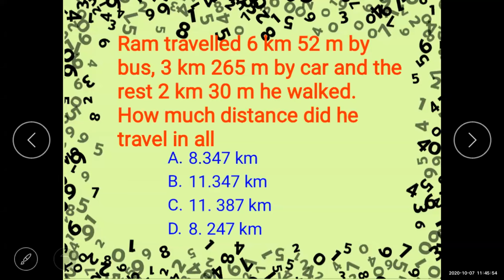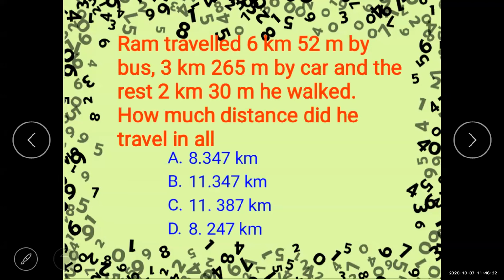Okay, Aryan, first Khushi will get the chance. Okay, Khushi. Option B, 11.347 kilometer. I have noted it. Option B. Okay.